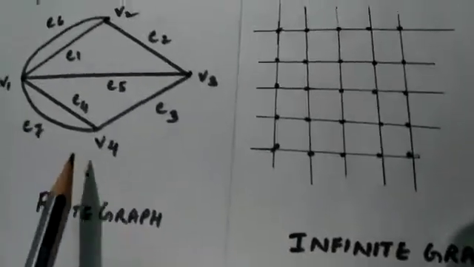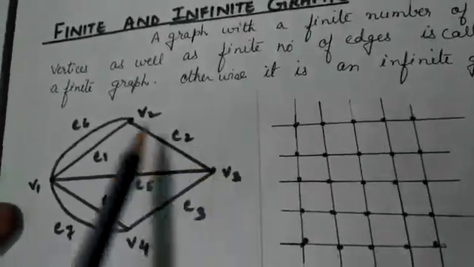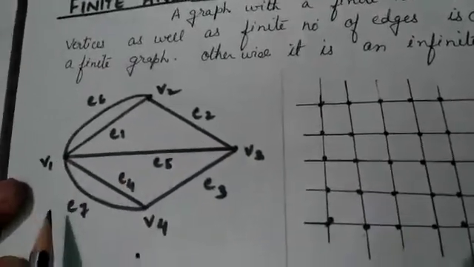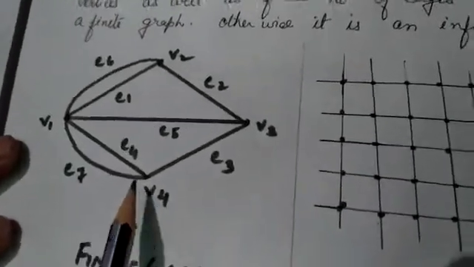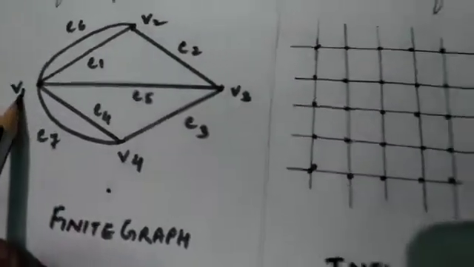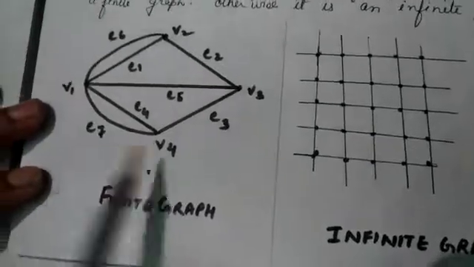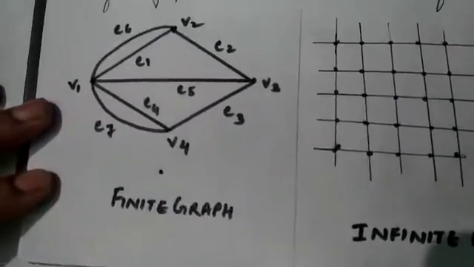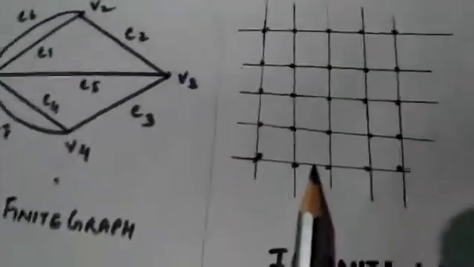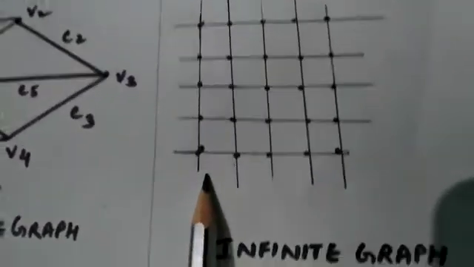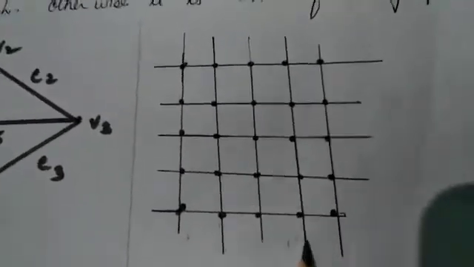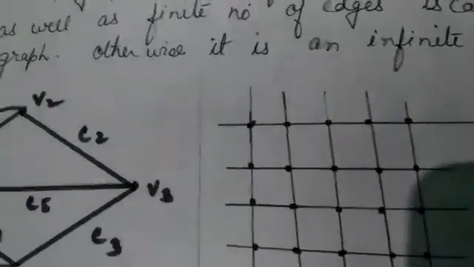In the first figure, the number of vertices and the number of edges are finite. Vertices are V1, V2, V3 and V4 and edges are 7. So this is an example of a finite graph. In the second diagram, the number of edges and vertices are infinite. So this is an infinite graph.